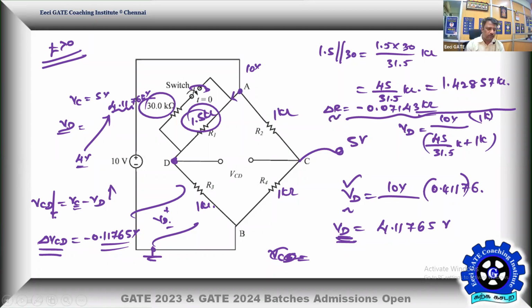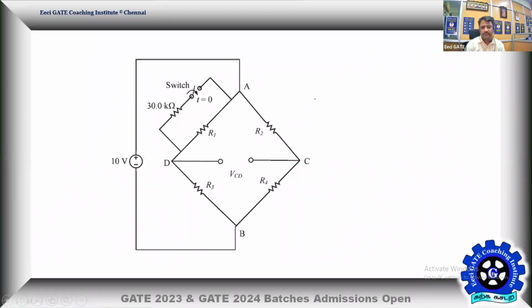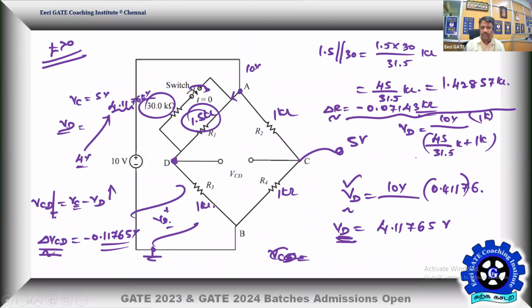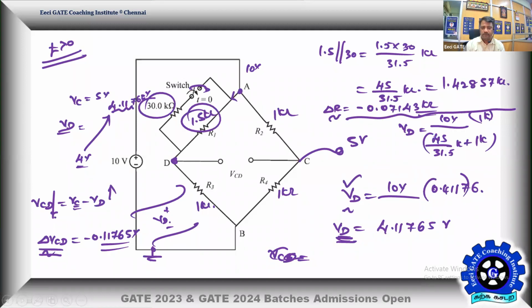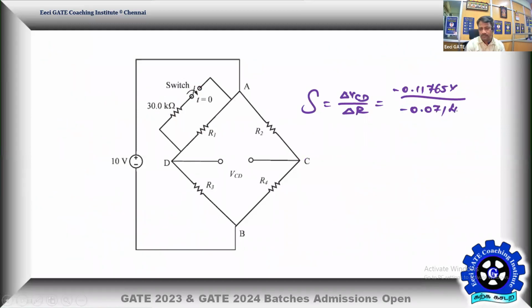It is falling and voltage is also falling. Straight away we can connect our sensitivity. Therefore, sensitivity is equal to change in VCD by change in resistance. So change in VCD is negative, that is minus 0.11765 volts. The whole divided by delta R, which is also negative, that is minus 0.07143 kilo ohms.